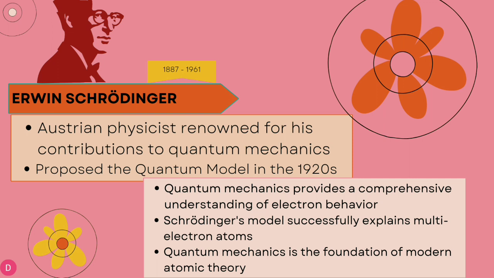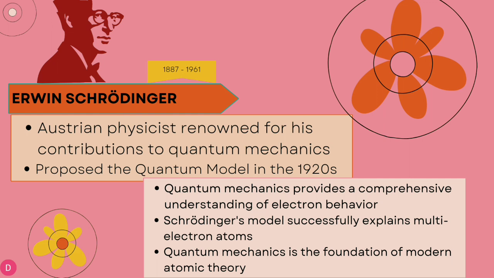Erwin Schrödinger, an Austrian physicist renowned for his contributions to quantum mechanics, proposed the quantum model in the 1920s.